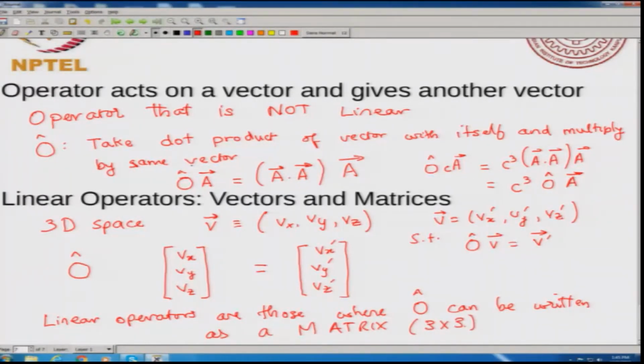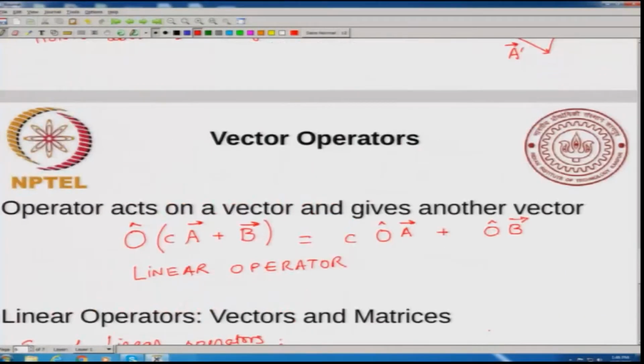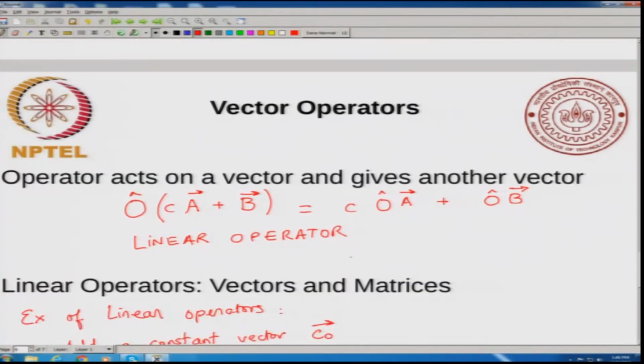So for linear operators you can generally write this operator O as a 3 by 3 matrix, okay. And so an arbitrary linear operator in 3D space can be written as a 3 by 3 matrix, okay. And you can easily show that if you write this operator as a 3 by 3 matrix, then the condition for a linear operator will hold, okay.